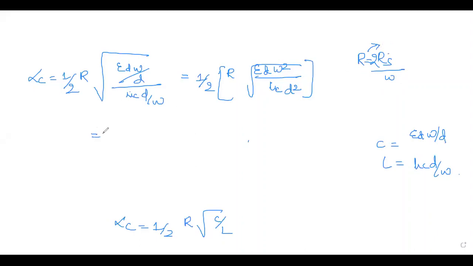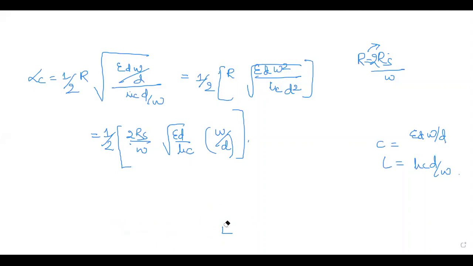So substitute the RS value, where half into R is nothing but 2RS by W. And the equation you have here is square root of epsilon D by mu C. This is omega W square by D square inside the square root. So I can write it as W by D. Again, now you have to substitute the RS value.